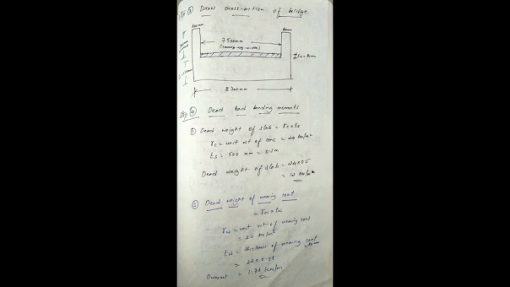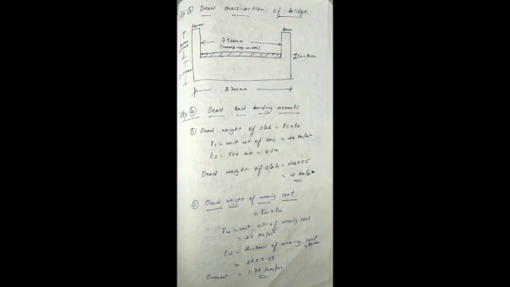Now the effective span is clear span plus effective depth. Clear span we have as 6 meters, and the effective depth is 462 mm, so in meters it is 0.462, so it is 6.462 meter. Center to center of bearings has been given as 0.4 meter. So 6 plus 0.4 by 2 plus 0.4 by 2, basically center of one bearing to center of the other bearing. So it is 6.4. So LE we are getting as 6.4.